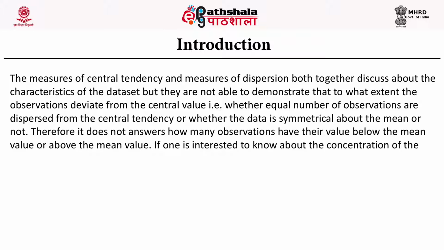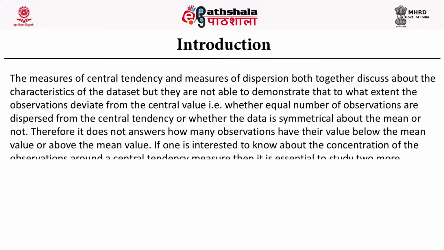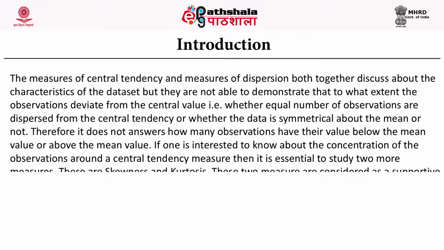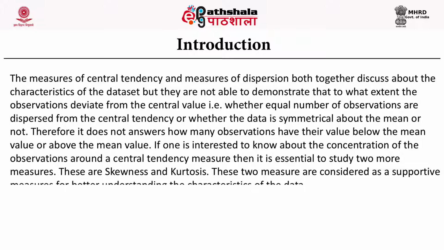Therefore, it does not answer how many observations have their value below the mean value or above the mean value. If one is interested to know about the concentration of the observations around a central tendency measure, then it is essential to study two more measures. These are skewness and kurtosis.